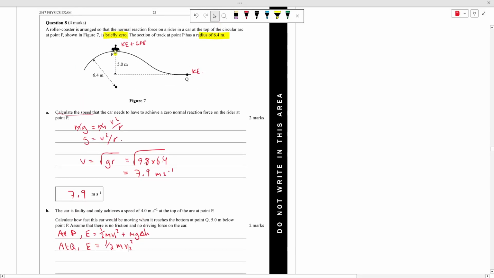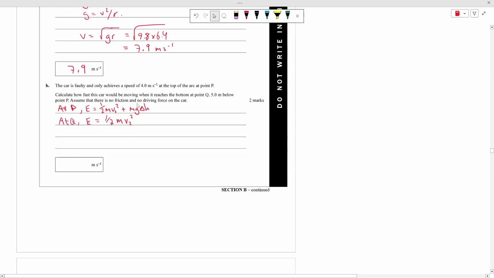But all of the gravitational potential energy has been converted into kinetic energy at that point. And because the total energy between this interaction has to be equal, I can set these E's equal to each other. So I have half mv1 squared plus mg delta h equals half mv2 squared.